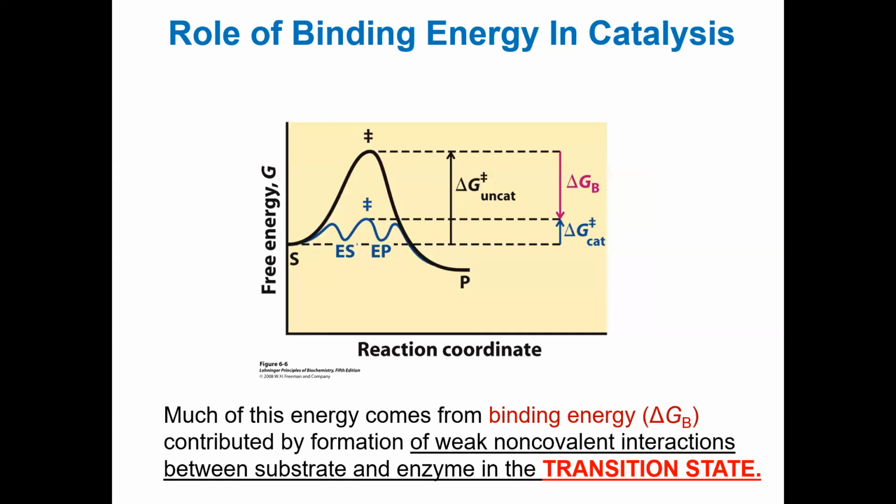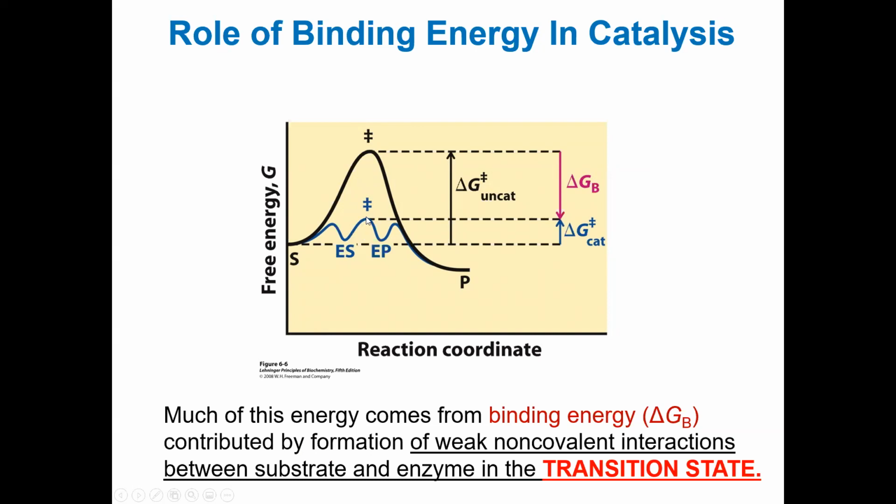I understand, Dr. Pathak, you are saying that the transition state is stabilized. That's why the free energy barrier is lowered, right? Activation energy is lowered, as you are seeing in the blue lines. But where does that energy come from? How is activation energy lowered for the transition state?